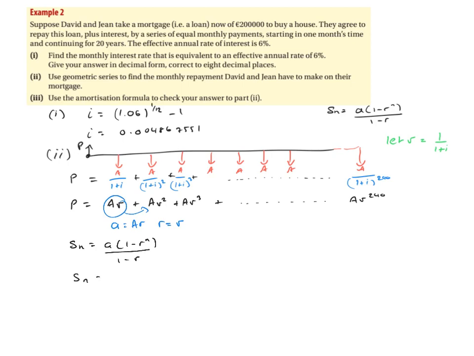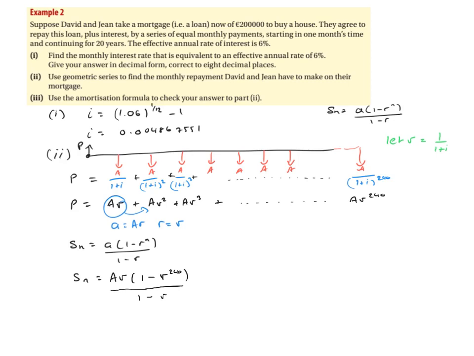So S of n is equal to a, which is A times v, times 1 minus r, which is v, to the power of n, which we've said is 240 payments for this one. And that's all over 1 minus r again, which is v. Now, you should have v in your calculator, in one of your memory functions.